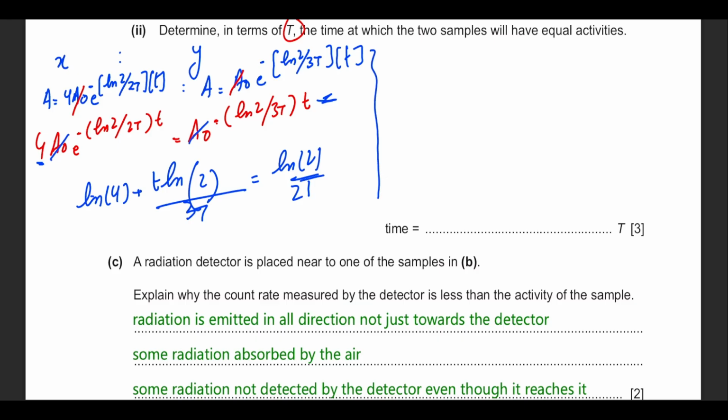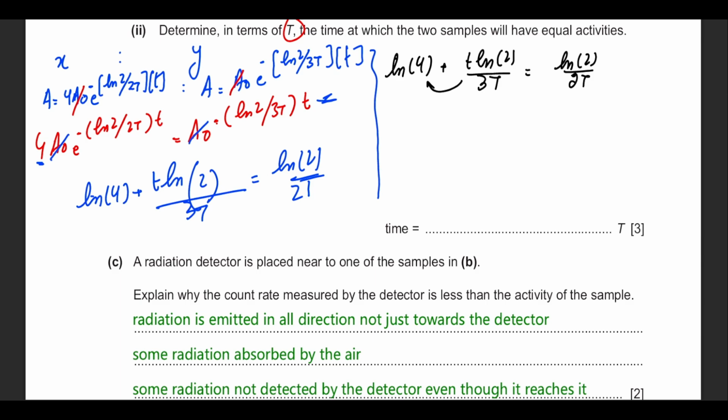So this will become ln of 4 plus t ln of 2 divided by 3t equals ln of 2 divided by 2t. The next step is taking the LCM here.